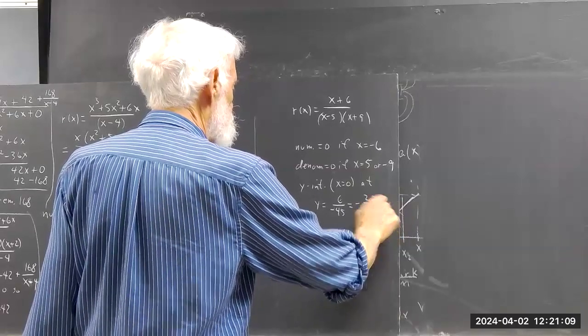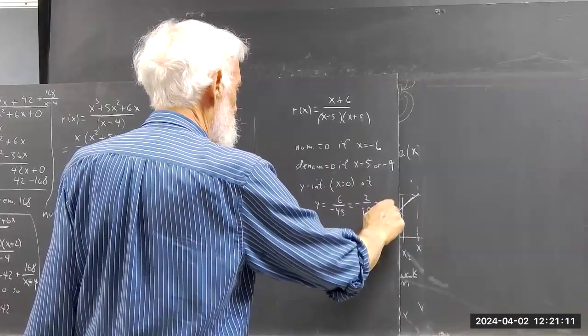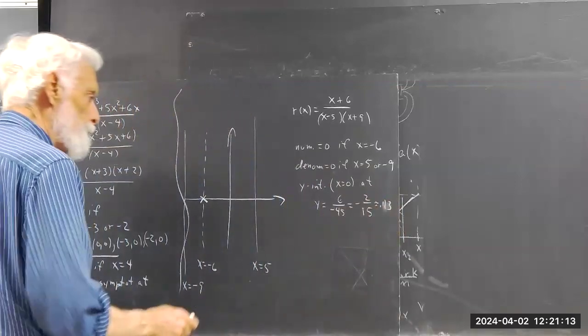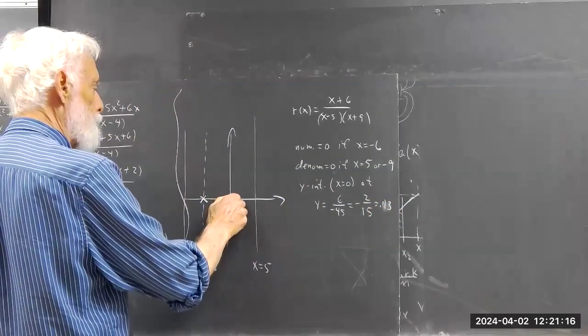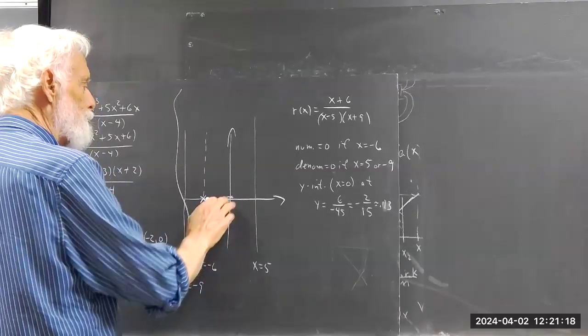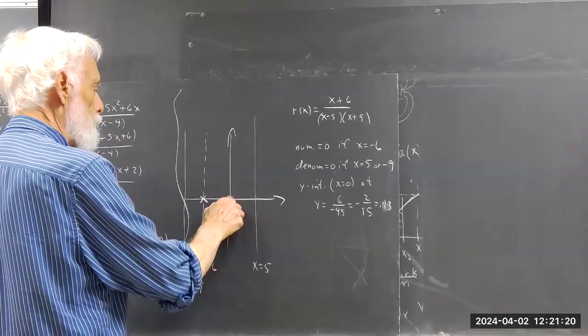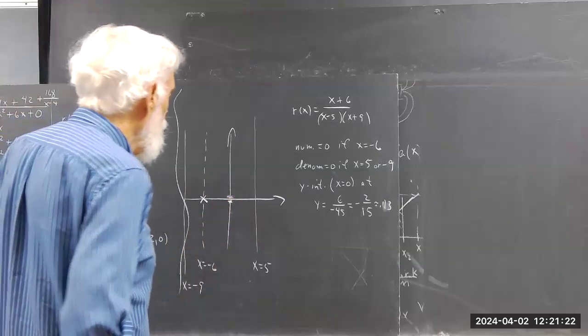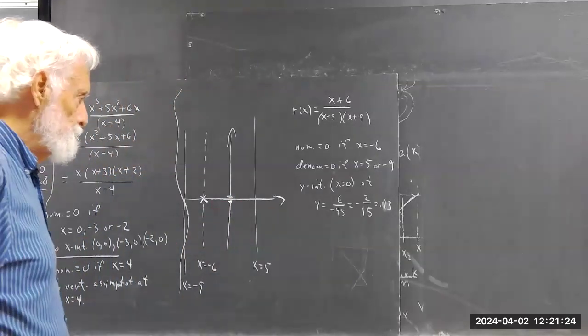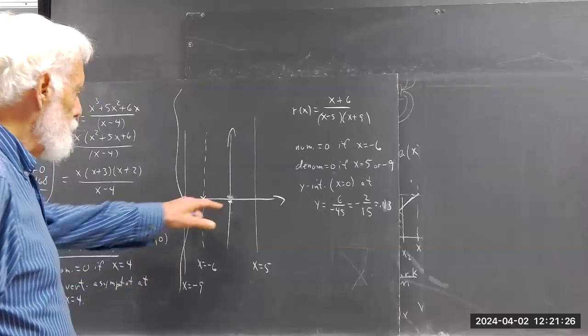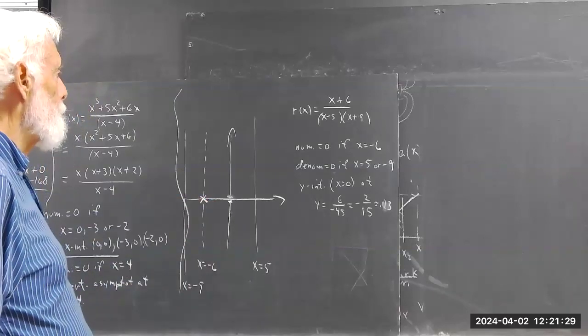Approximately, yeah, so -0.13. Okay, so my y-intercept is here, very close, and it's -0.13, so I'll be below the axis. That's important. Okay, so I'm going to just arbitrarily put it here.